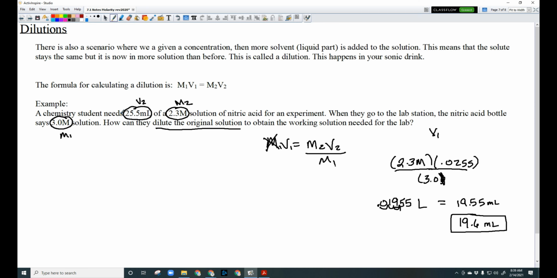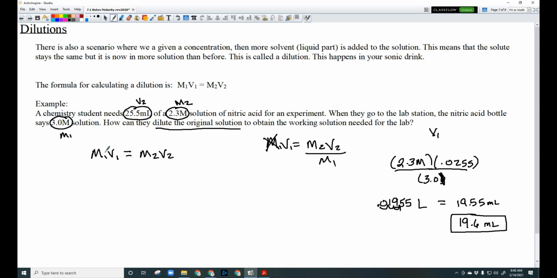Now we can go ahead and plug these in and check to see if we got the right answer. The way we do that is we plug it back into the original equation.